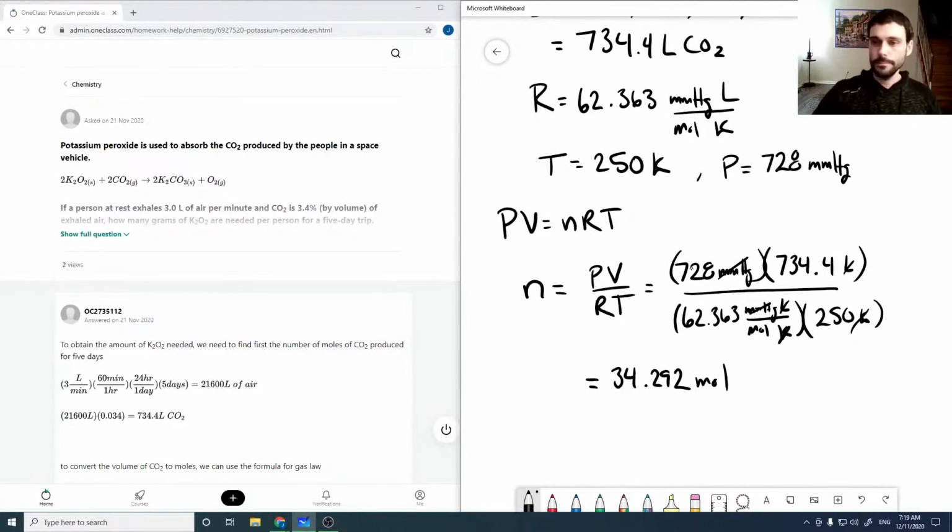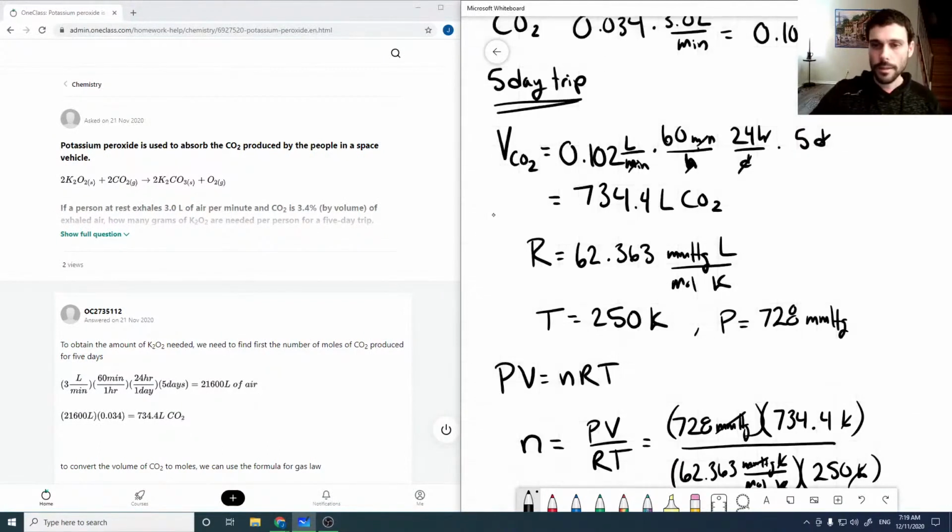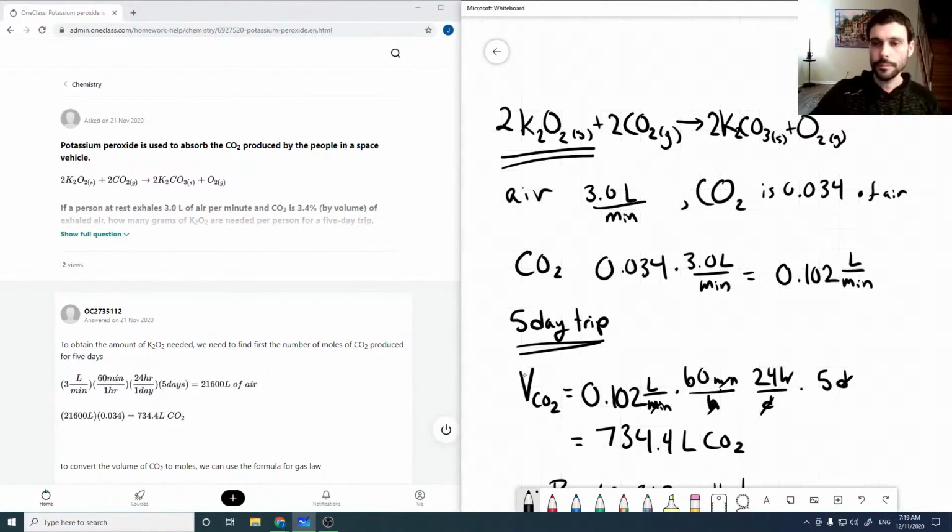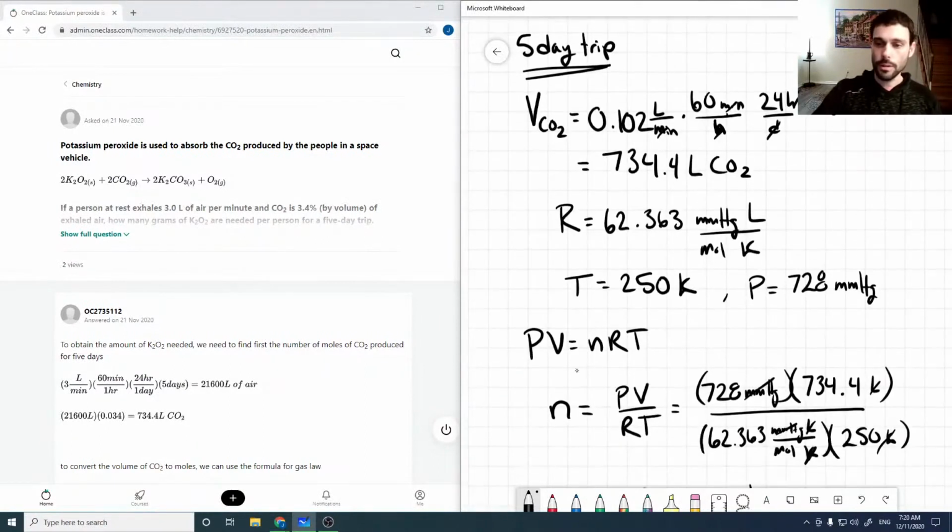And now, if we look at our balanced chemical equation above, we can see that our potassium peroxide and our carbon dioxide are in a 2-to-2 ratio, which is another way of saying a 1-to-1 ratio.